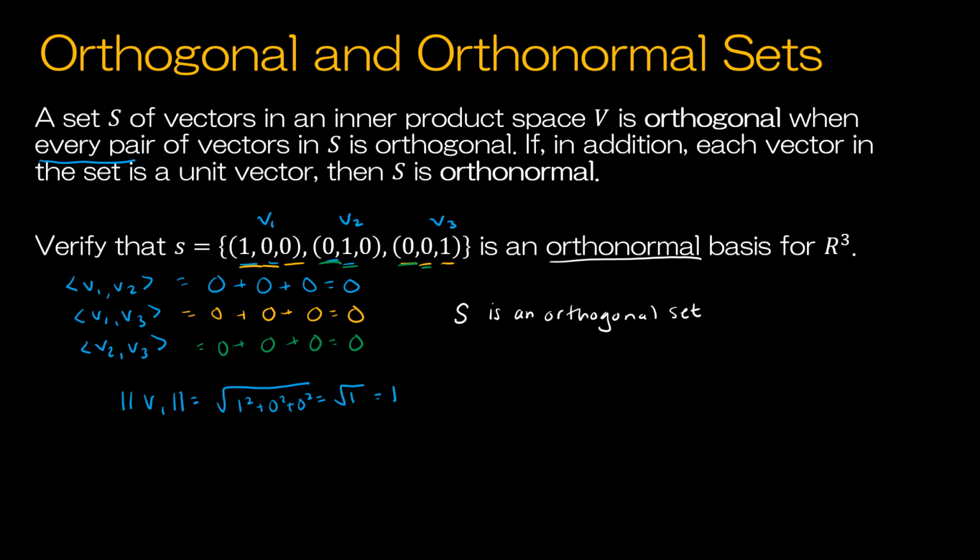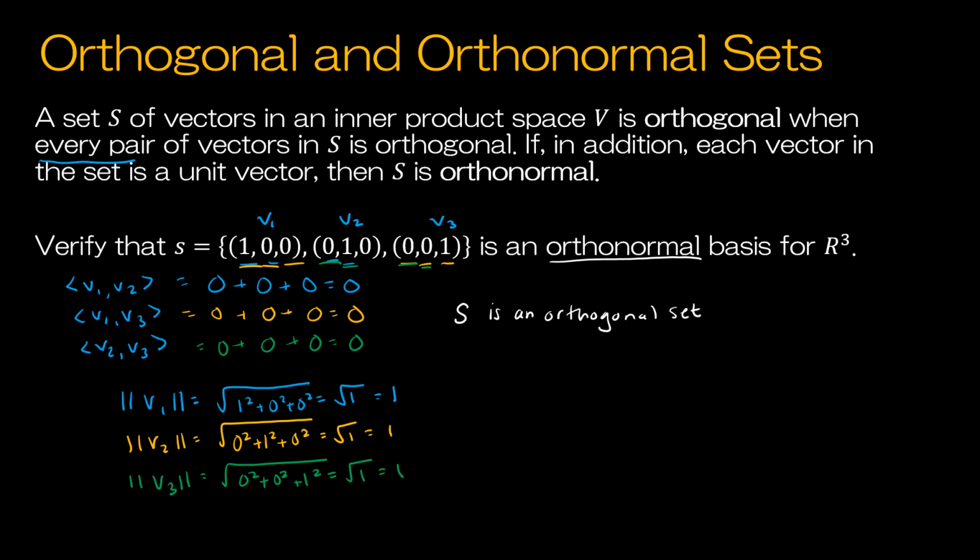Let's do the same for v2. For v2, I have 0 squared plus 1 squared plus 0 squared. That's the square root of 1, or 1. And then for v3, I have the square root of 0 squared plus 0 squared plus 1 squared, which is the square root of 1, which is 1.